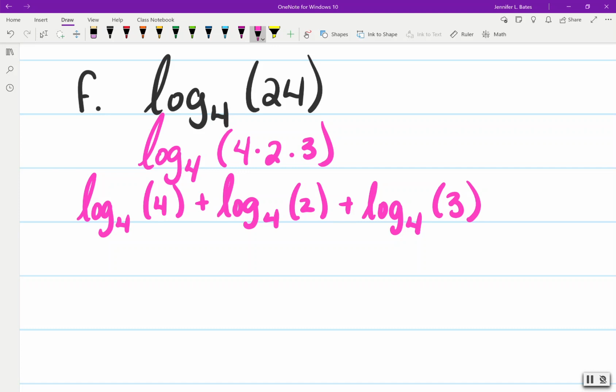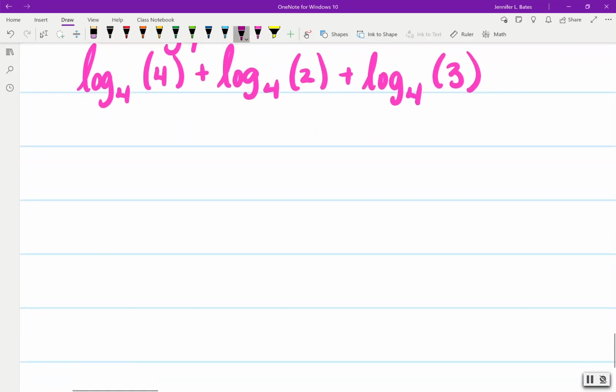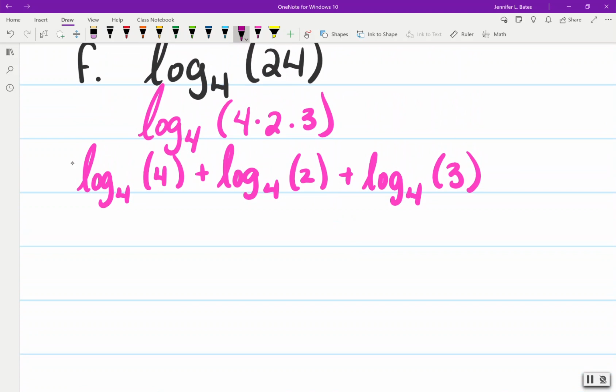Property 4 says that in log base 4 of 4, these two things get rid of each other, and I'm left with the exponent. What's the exponent here on this 4, that we don't write because it's redundant? What's the exponent? Show me on your hand. It's a 1. So the log 4 and the base 4 get rid of each other, and I'm left with 1, the exponent.